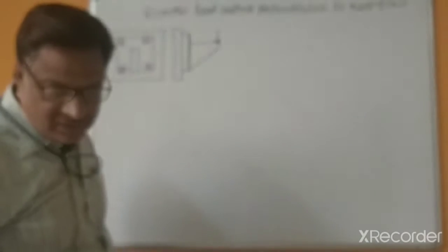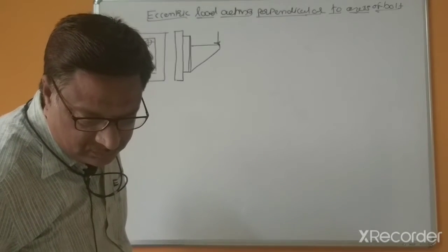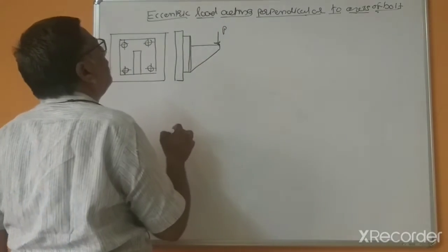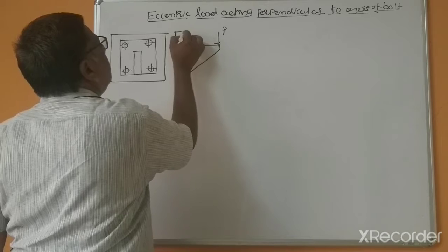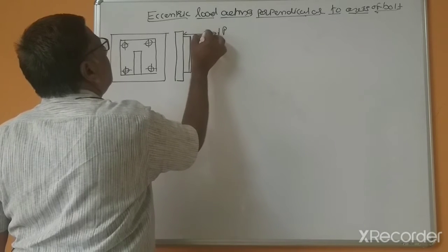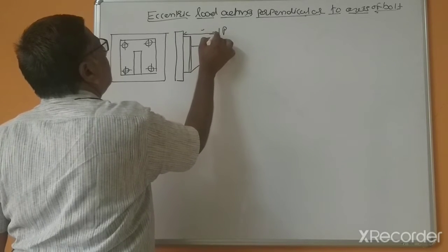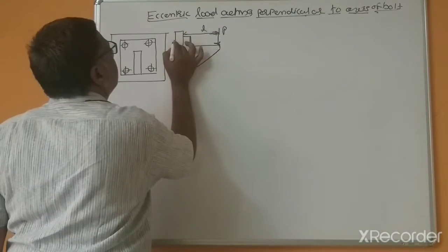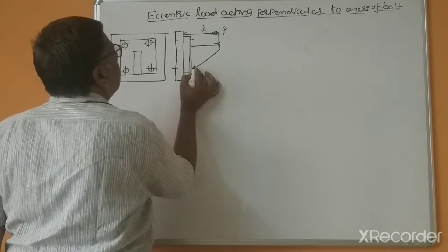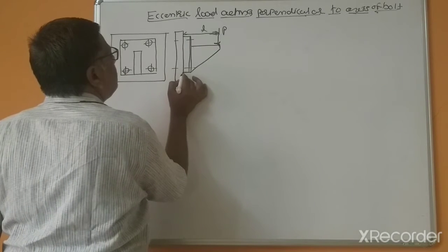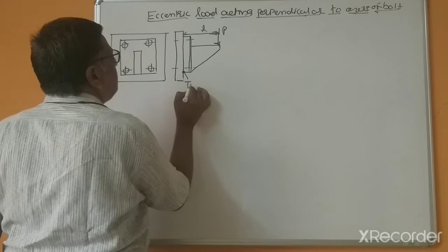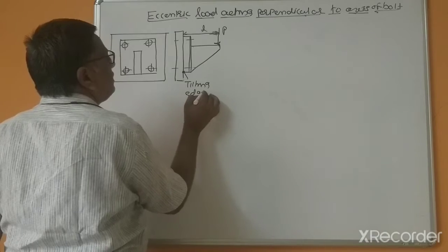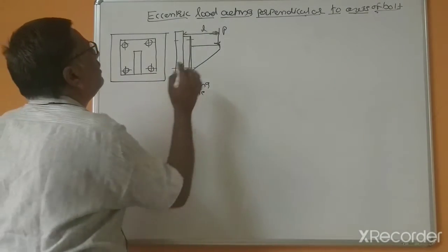Suppose this load is acting, and this load equals, suppose this is P, and this distance is, suppose, L, and this is a bolt. So this edge is the tilting edge, because the bracket will try to tilt.